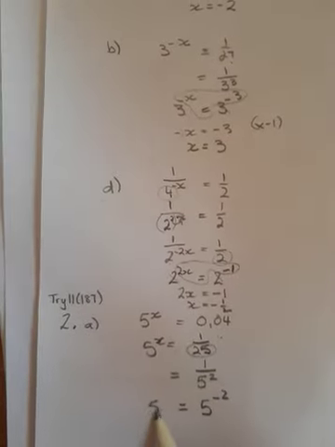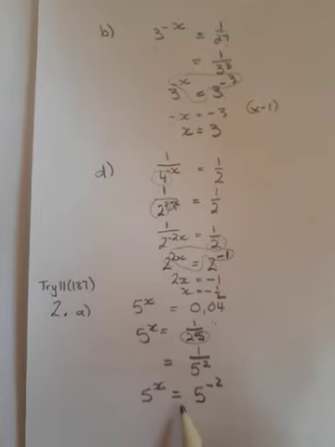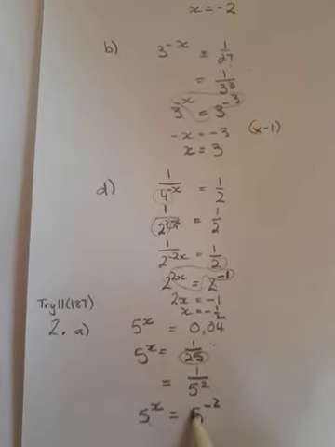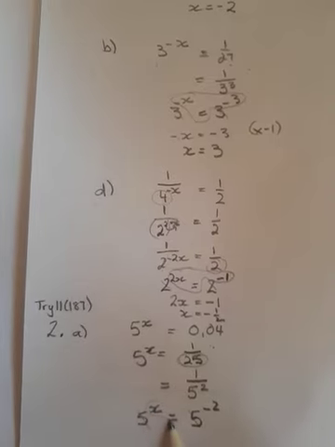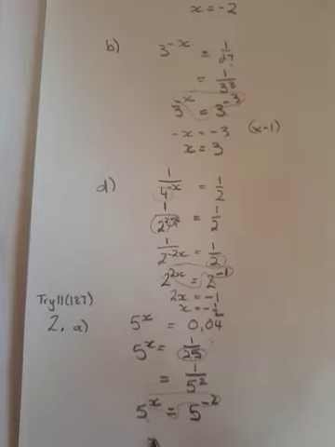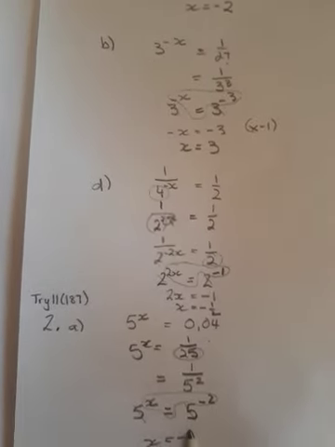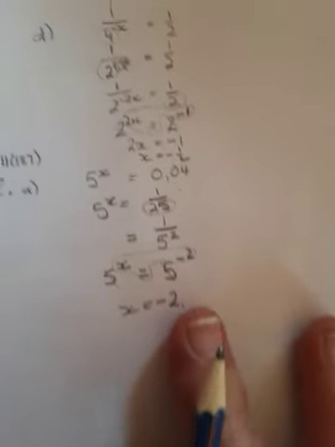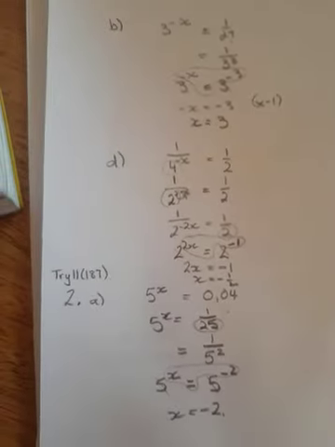And then 5 to the power of x equals 5 to the power of -2. Again, basically we can ignore our bases and we can say that the indices are the same. So x equals -2.